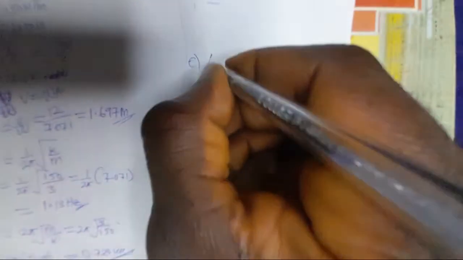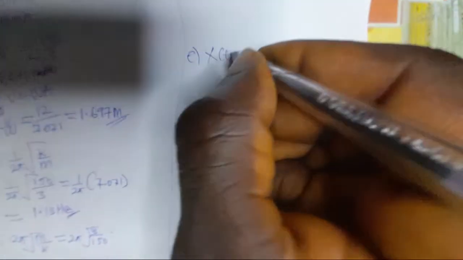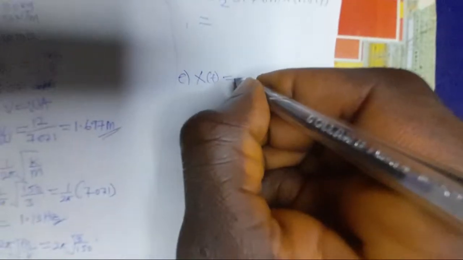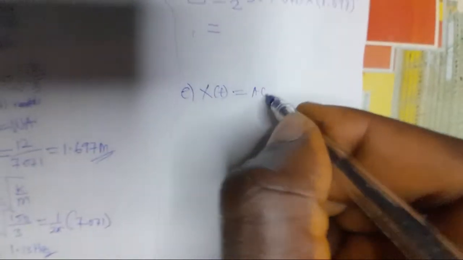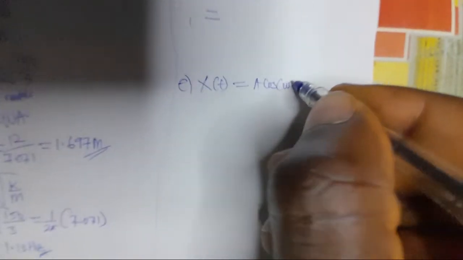The last one said that we should write an expression for the position, velocity, and acceleration. That was the last thing we are asked to write. So what do we do? Very simple. For a motion given by this, this is the position.